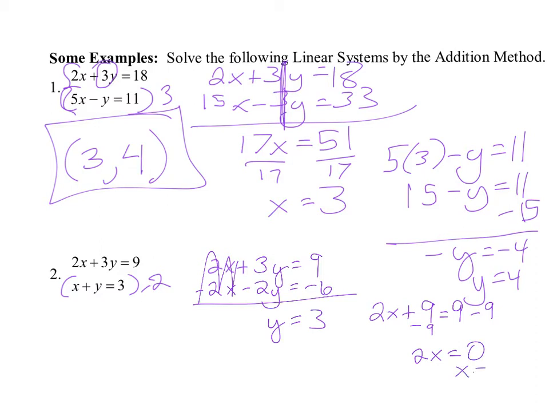So that means x has to equal 0. Okay, that kind of thing comes out a little too neat for my taste. We'll check this to make sure we're right. Since I did the 2x plus 3y to find the 0, I'm going to plug it into the other one. x plus y, 0 plus 3 equals 3. Yeah, that's true. So this does indeed solve both of these equations.